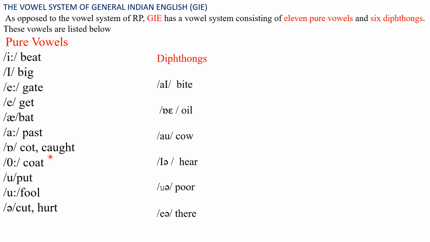Just like thought, caught. So this is a short closed vowel sound in RP. But in General Indian English, there is no difference between these two. There is only one phoneme for this. So these are the pure vowels and diphthongs.